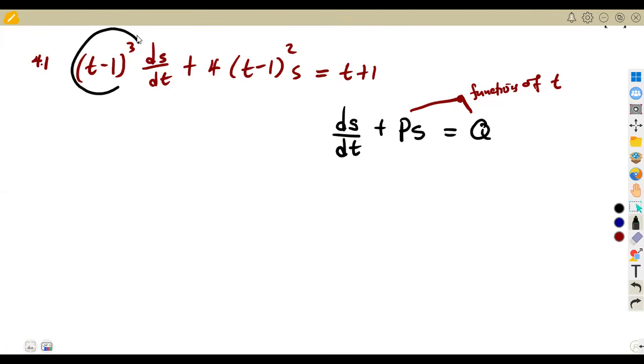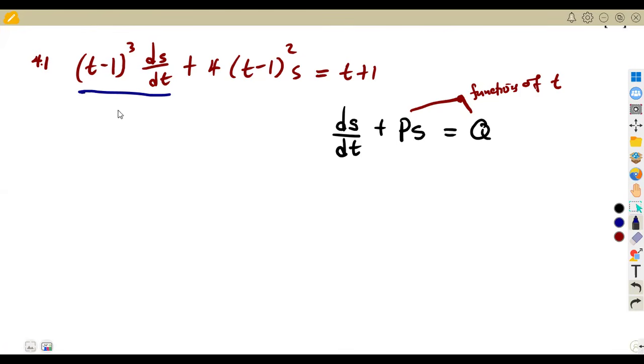It means we are supposed to remove this (t minus 1) to the exponent of 3, by dividing by it throughout, because we need to remain with ds/dt plus Ps. This is the format that you're supposed to have as long as you are working with the first order. I hope we are together there.